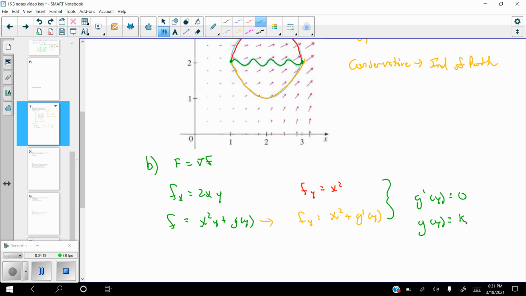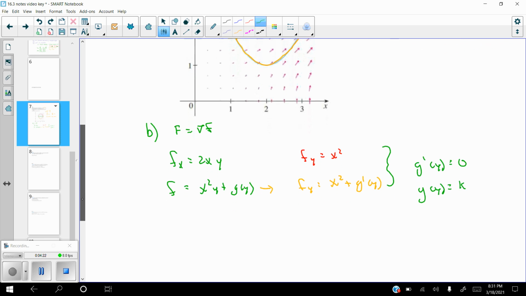Ultimately, that's not going to matter because we're going to put this into the fundamental theorem, but it's still important to find that part just in case your g of y is something other than just a constant. So our function f of x, y here is x squared y plus k.